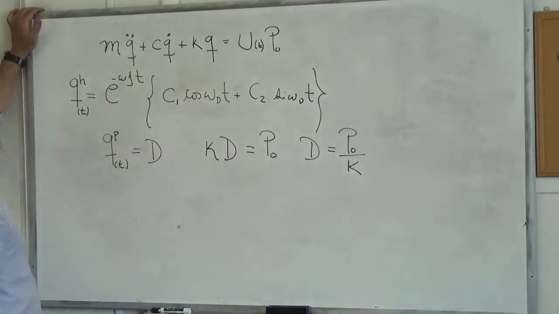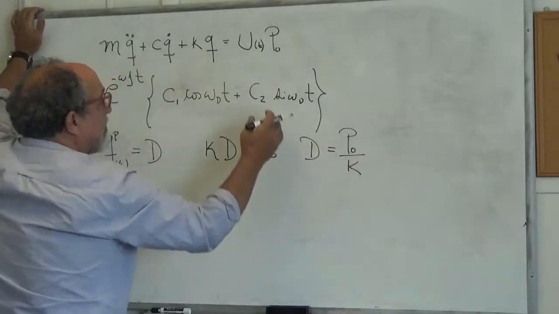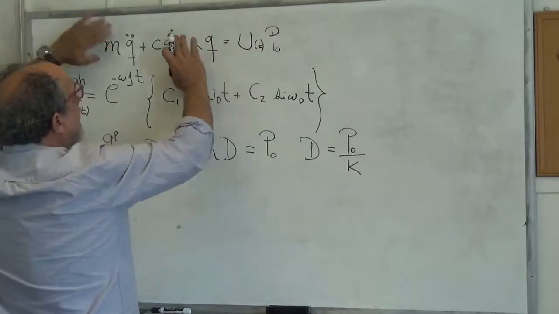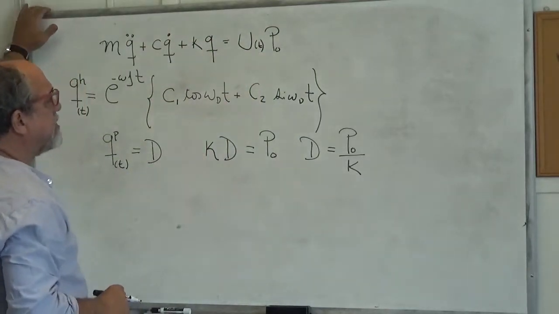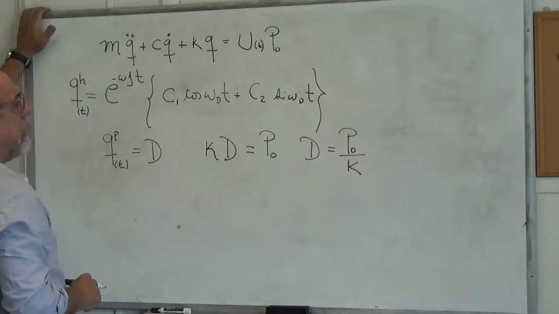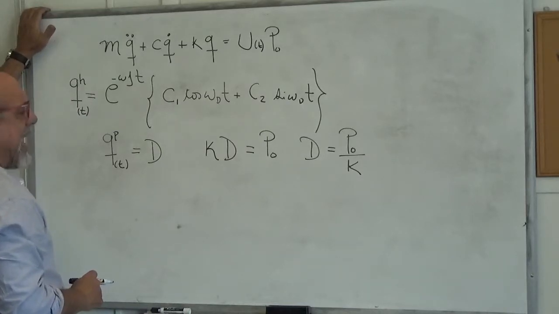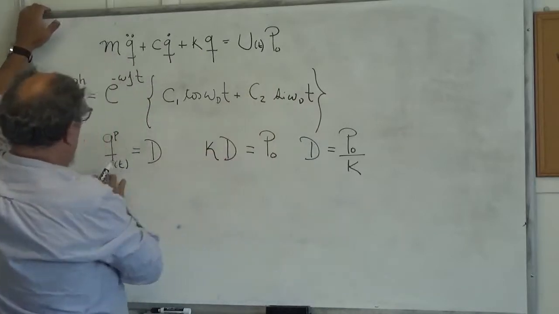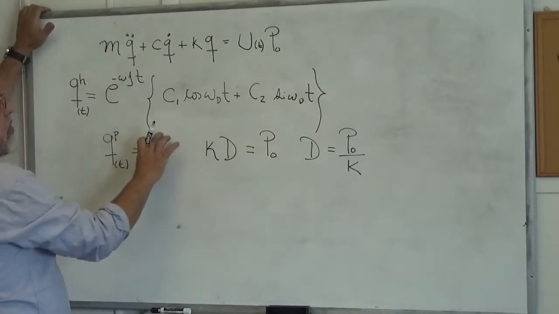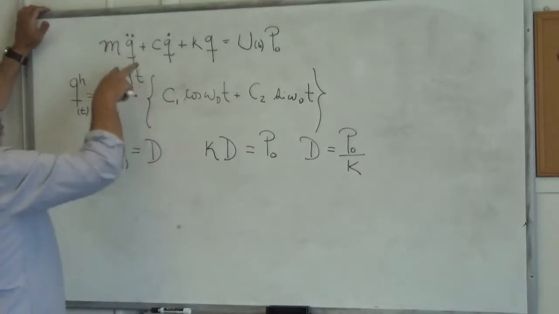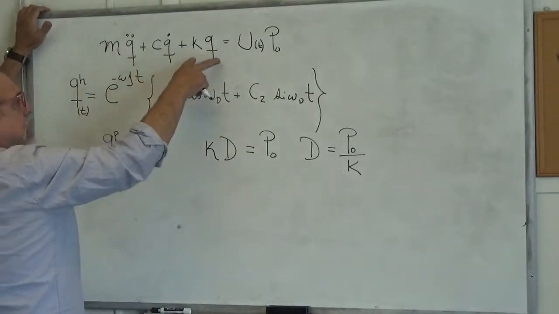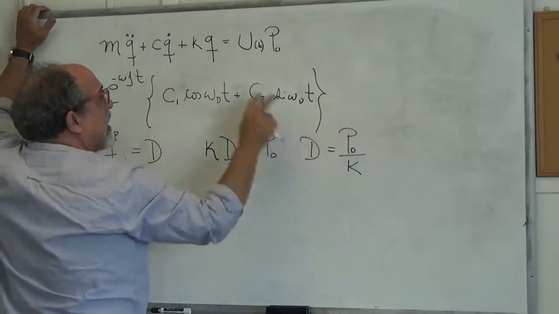That's obviously the static solution: if I have a load P0 and apply it to a static system, I just get P0 over k. So q(t) equals P0 over k satisfies the equation, because the two derivatives are 0, and k times P0 over k is P0.